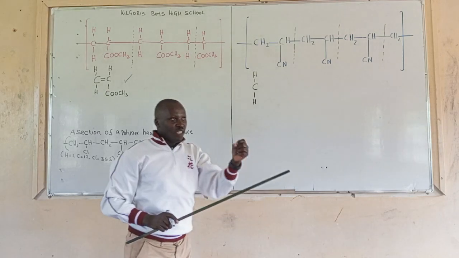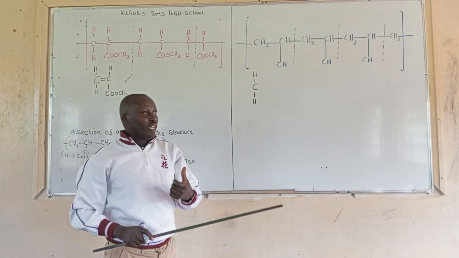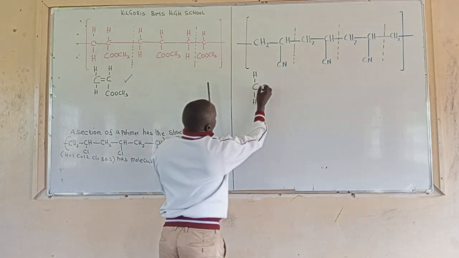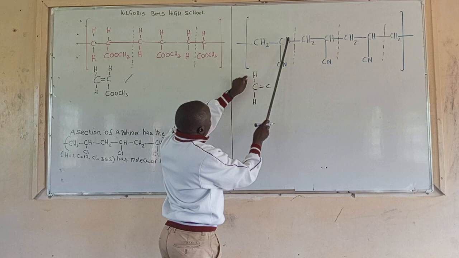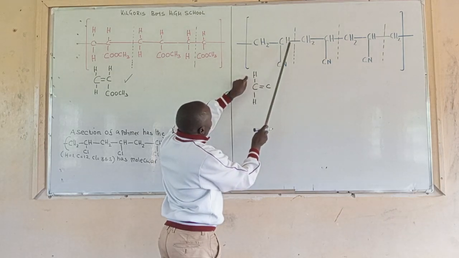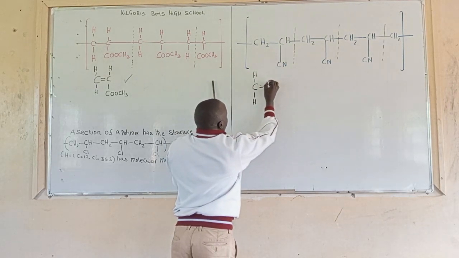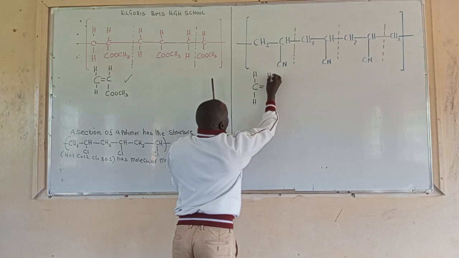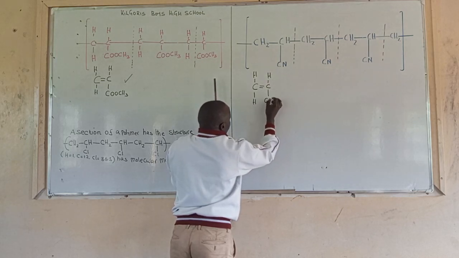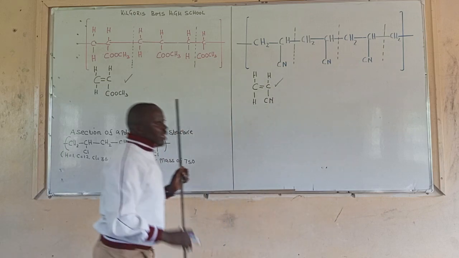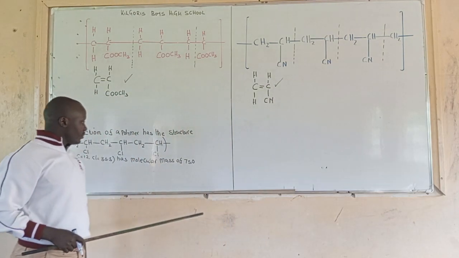Between the carbon atoms, a monomer should contain a double bond, so you indicate the double bond here. This carbon has a hydrogen, H, and this one here you will have CN, like that. That is normally the monomer.